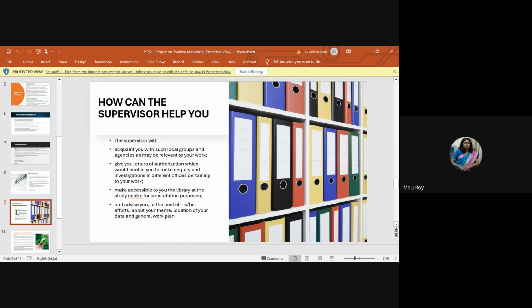Whenever your topic is ready, or whatever topic you have selected, if your supervisor says no, this is not the topic, then you say no, this is the topic I have. You have to justify why you have selected the topic. You should say, I stay at this place, it is accessible from my home, I know this group, I know this food.